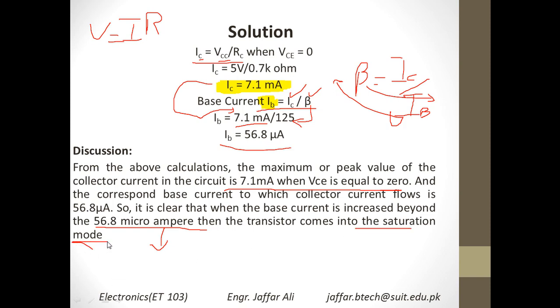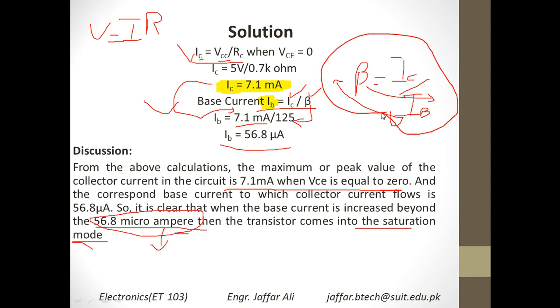So this was the first numerical, and you were asked to find the value of the current after which the transistor has to be switched on. So this is the current, and you just use two equations. The first equation was this to find the value of IC, and the second equation was this beta equation.